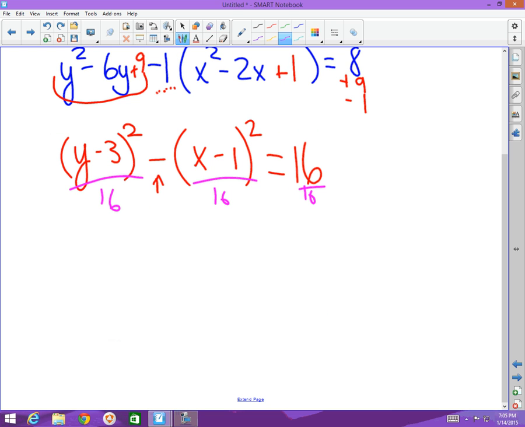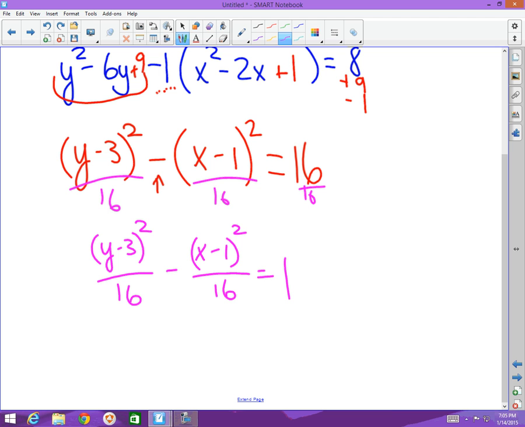And so then you get (y - 3)²/16 - (x - 1)²/16 = 1. Well, because it's a minus in between the two things, it's a hyperbola. Now, had that been a plus sign there, then you would have to decide if it's an ellipse or a circle. And because those two numbers are the same, it's a circle.